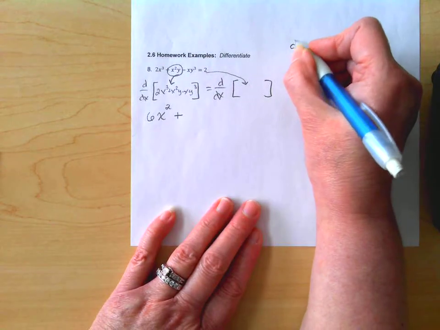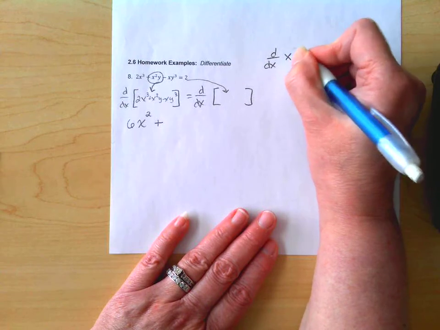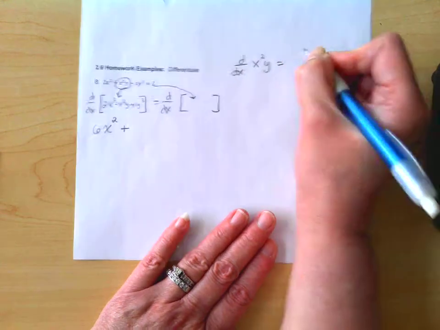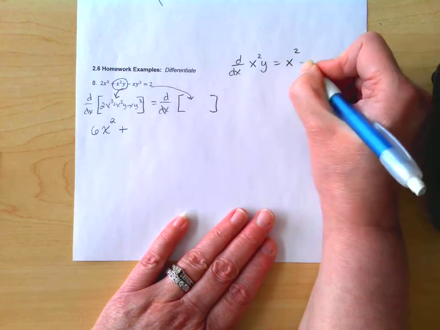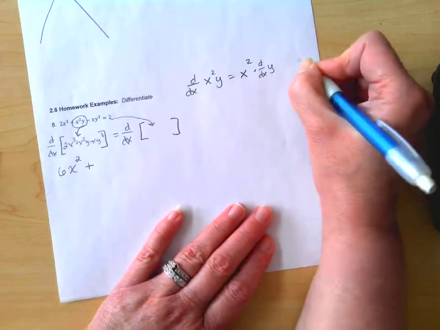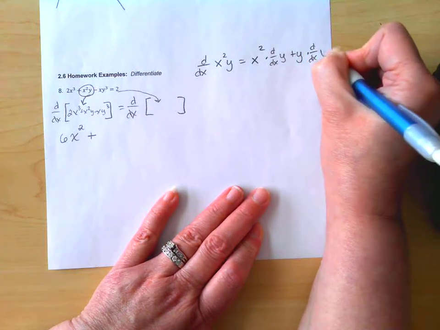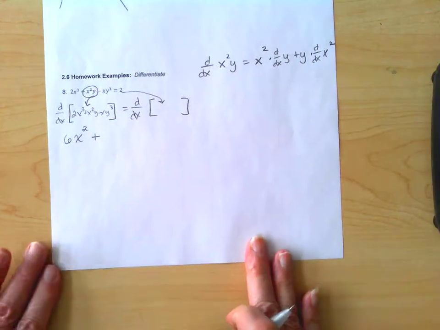So I'm going to do this off to the side: the derivative with respect to x of x squared y. That's the first times the derivative of the second plus the second times the derivative of the first.